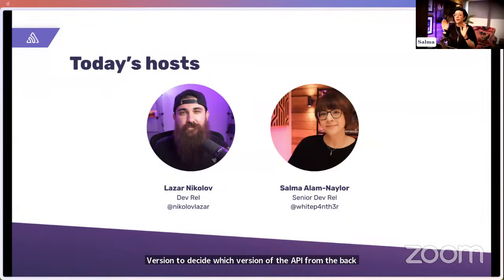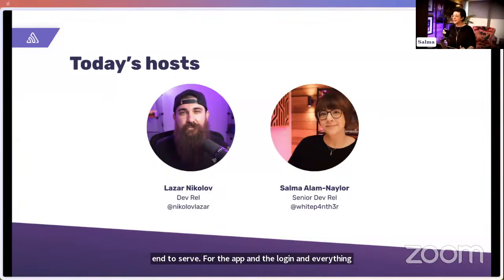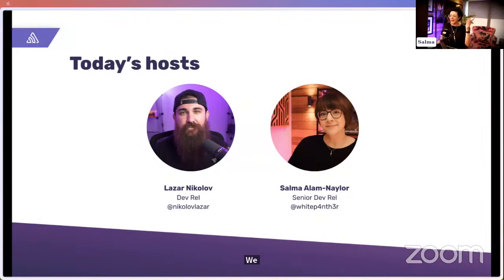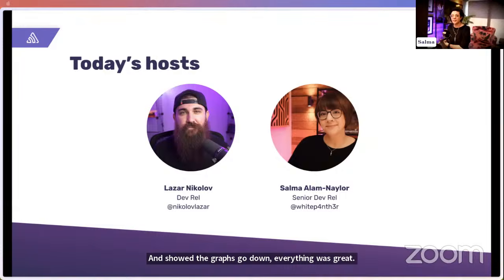And it was written so terribly that it took 20 seconds to go through all the app versions. We fixed it by rewriting the Go code and showed the graphs go down. Everything was great. But the CEO still insisted that it was a front-end issue.